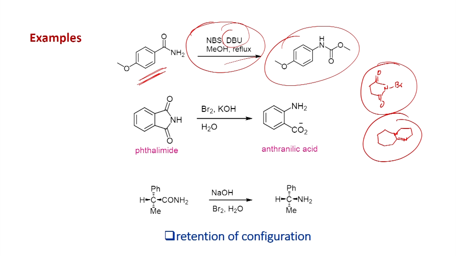When you use this combination, as we have just seen, you can deprotonate this one and add bromine. Then again it can undergo the rearrangement, and you will be able to form the corresponding isocyanate.